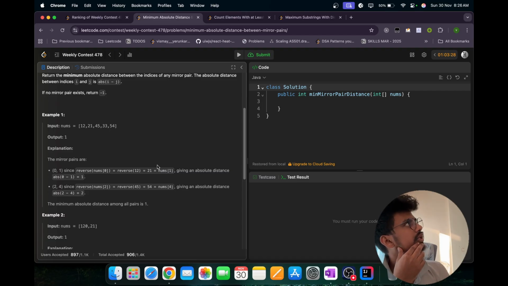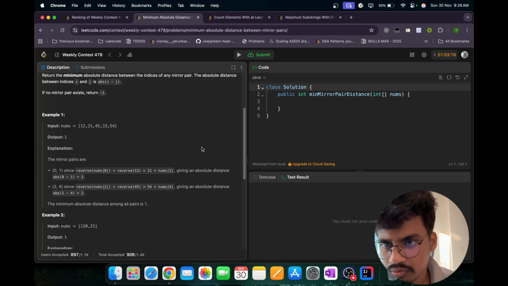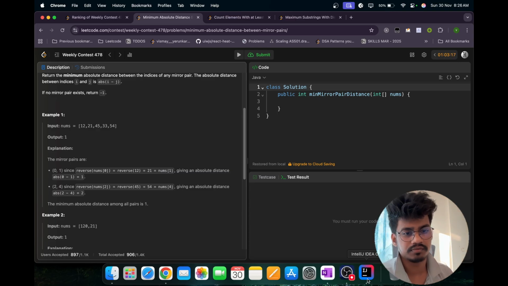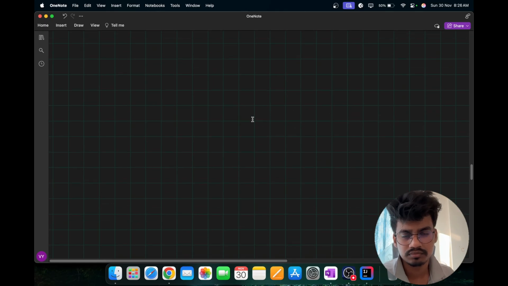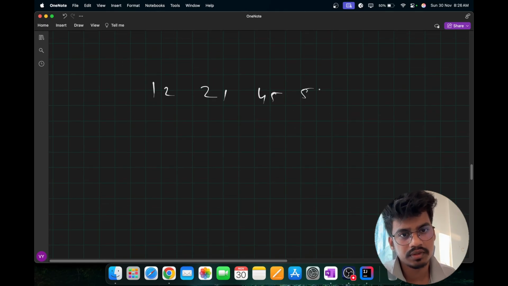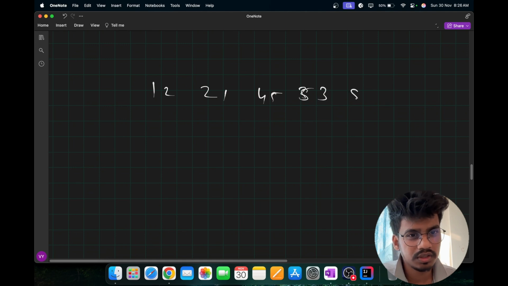Okay, so for every element, can I keep track of where the reverse was last seen? So this will give me a fair idea. 1 2 2 1 4 5 3 3 and 5 4.